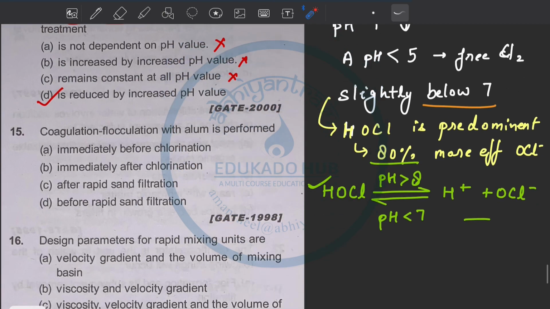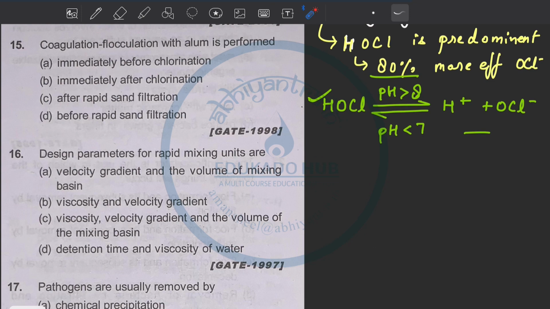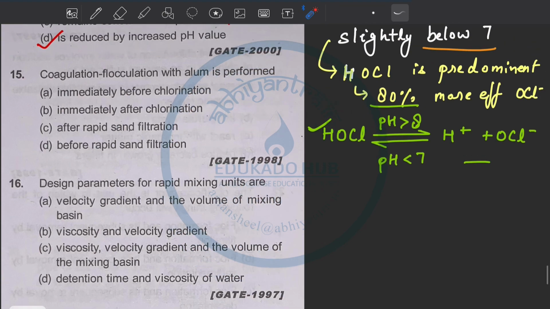For that we should know that coagulation or flocculation is done before filtration, right? And filtration can be done by slow or rapid sand filters, anything which is suitable.